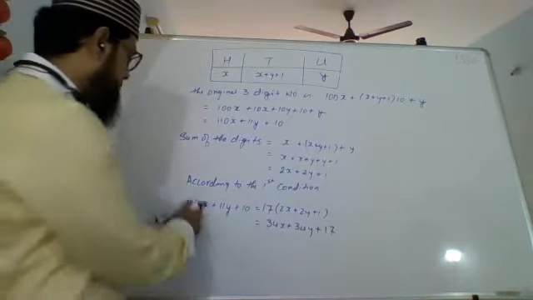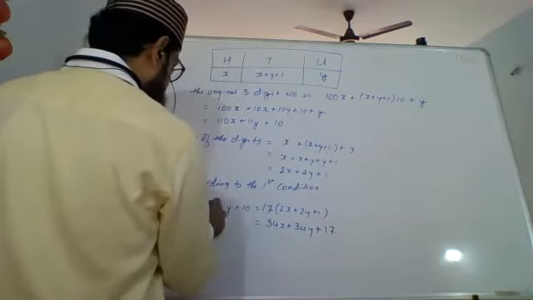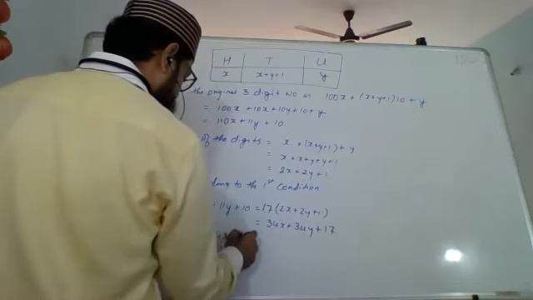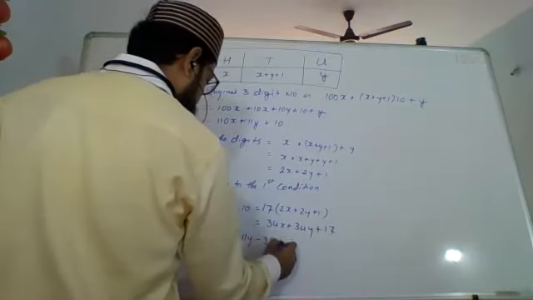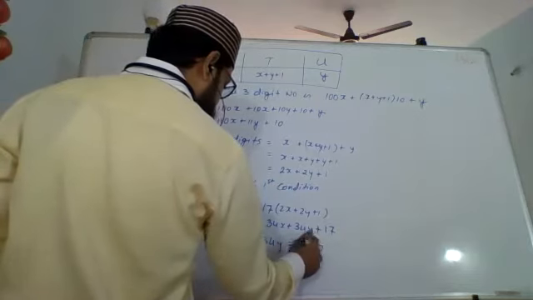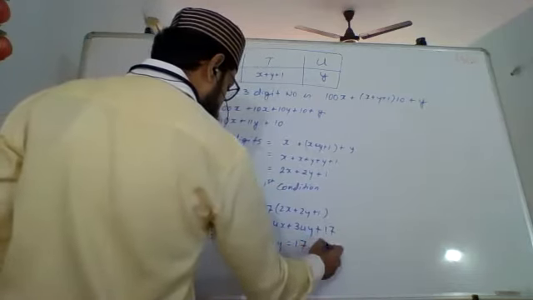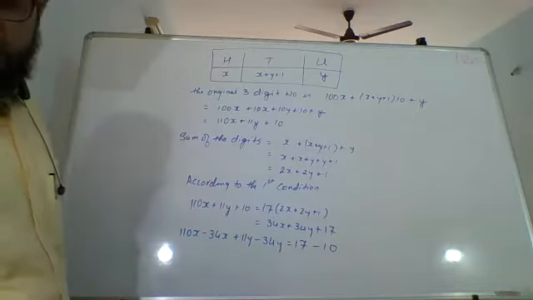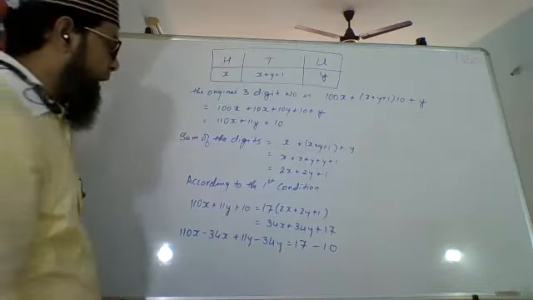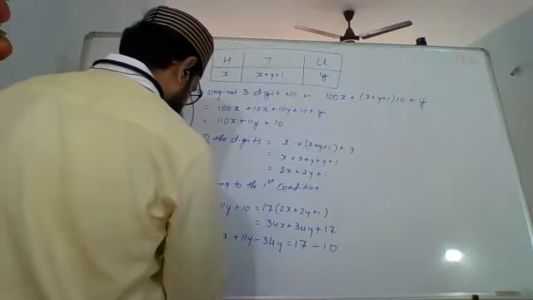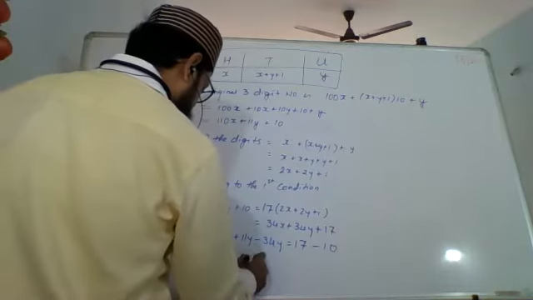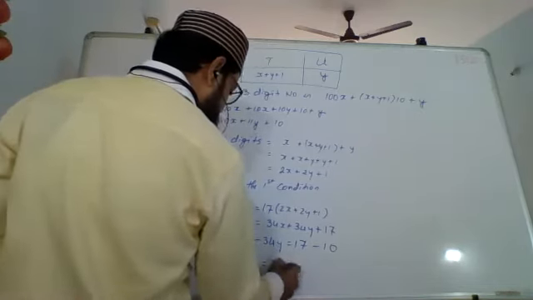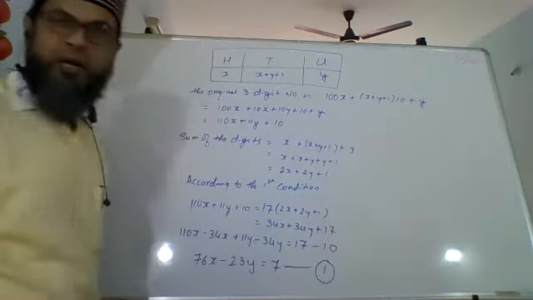So 110x minus 34x plus 11y minus 34y equals 17 minus 10. 110x minus 34x is 76x, 11y minus 34y is minus 23y, equals 7. This will be my first equation.